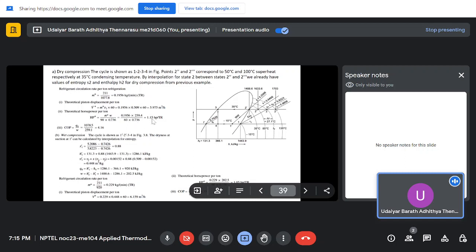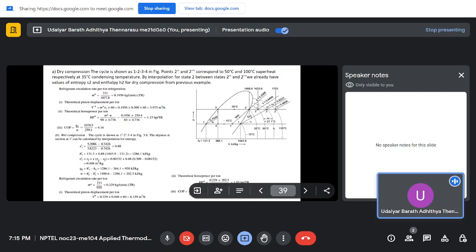So that will give me 1.15 horsepower per ton, and COP is specific cooling capacity by work done. So 1078.5 divided by 259.1, which will come out to be 4.16. This is not 90, this is 60. And then we have found out the COP. COP is 4.16.